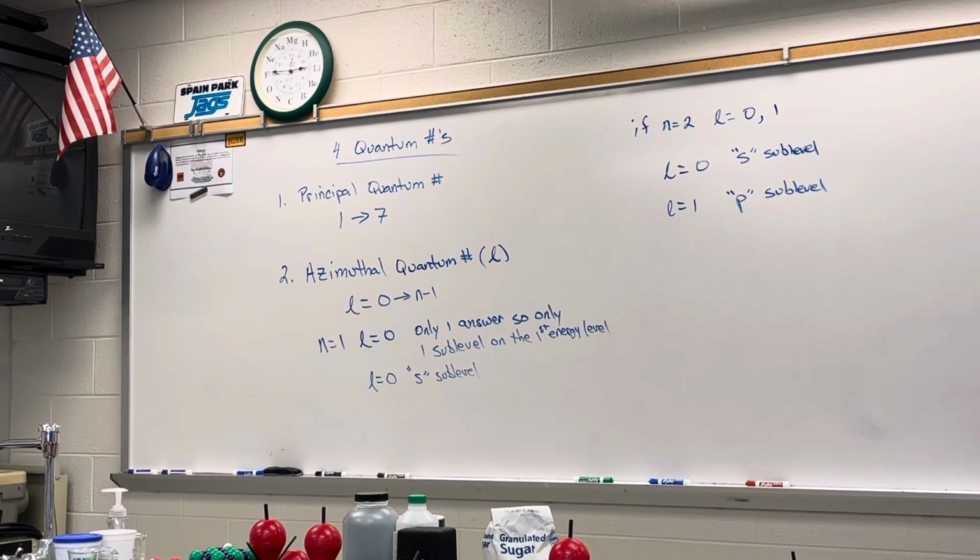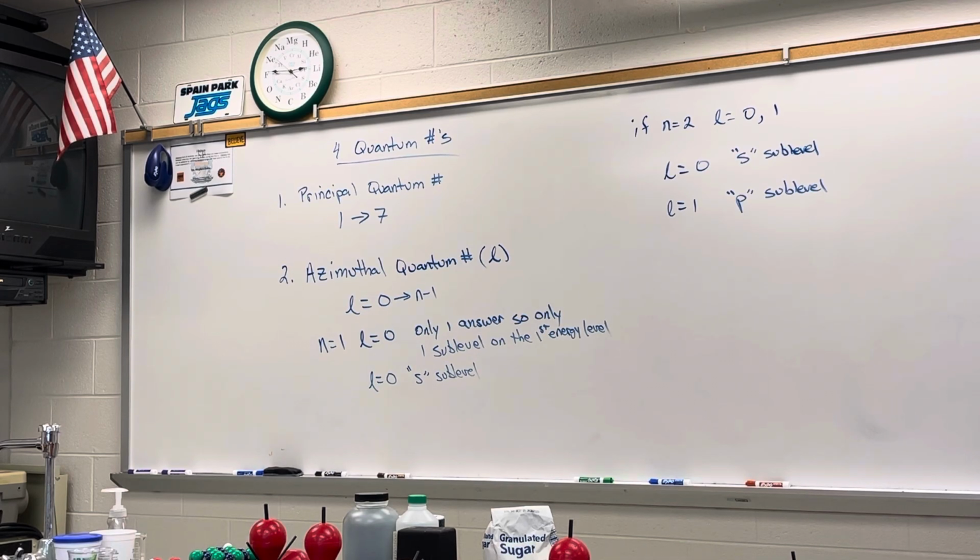Now I'm drawing it like a ring like you learned in 8th grade, but it's a sphere. And the electron's traveling in some kind of wave pattern on that sphere, and there's this gap in between where there's going to be a low probability or no probability of finding an electron in this space. It's either going to be here or it's going to be here, my fixed energy levels.